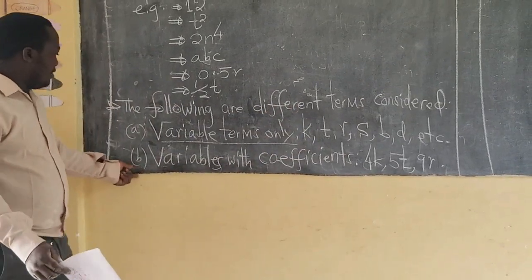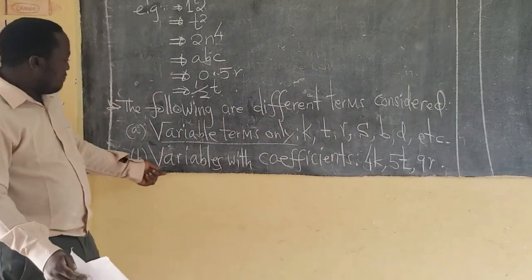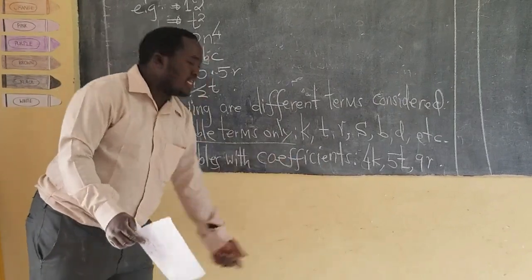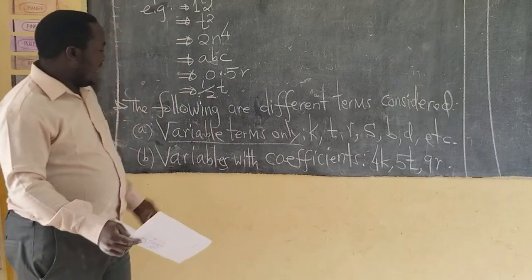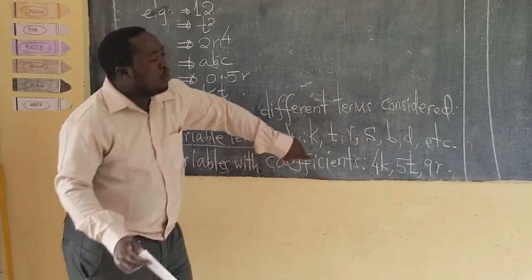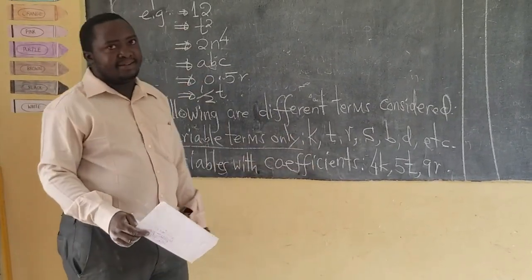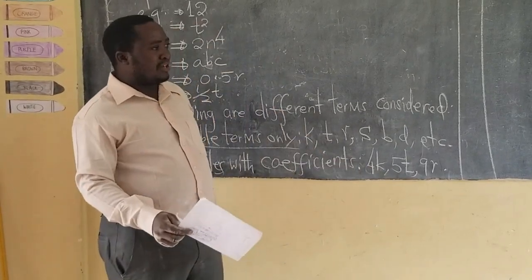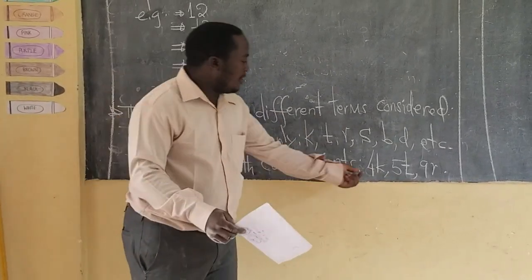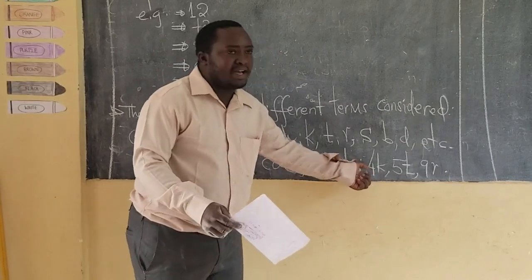Also, we have terms formed by variables with their coefficients, letters attached to numbers. For example, 4k, that is also a term, formed by a variable attached to a number.